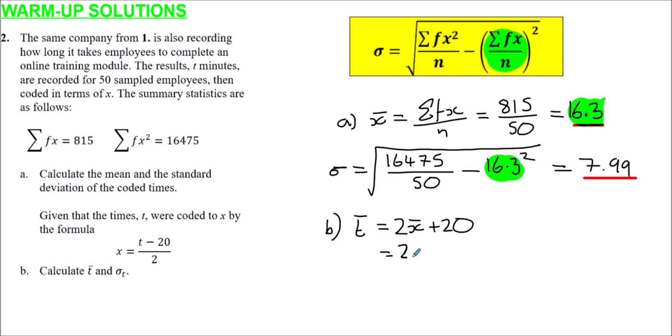So that's going to be 2 times 16.3 plus 20, and if we try that, you should find you get 52.6 minutes. So almost an hour to complete the training.